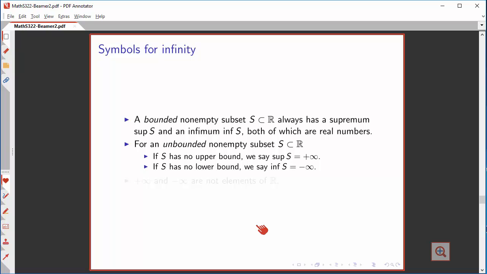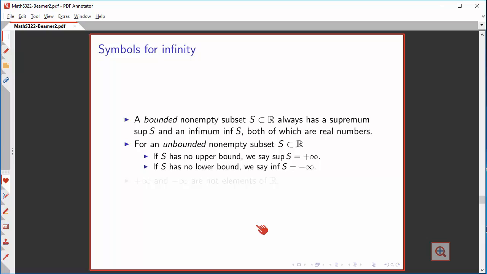But what if the subset is unbounded? Well, there are two ways a sequence can be unbounded. It can fail to be bounded above, or it can fail to be bounded below. Indeed, it can fail in both ways. If S has no upper bound, then we say the supremum of S is plus infinity.